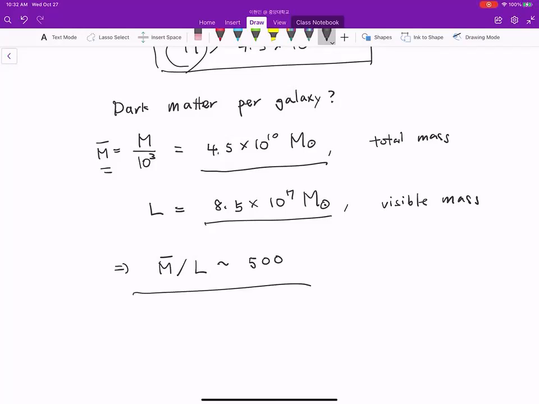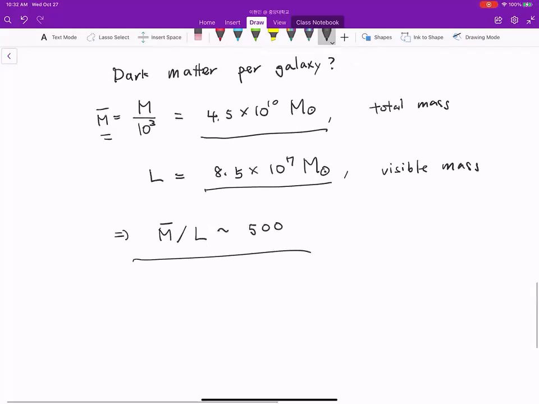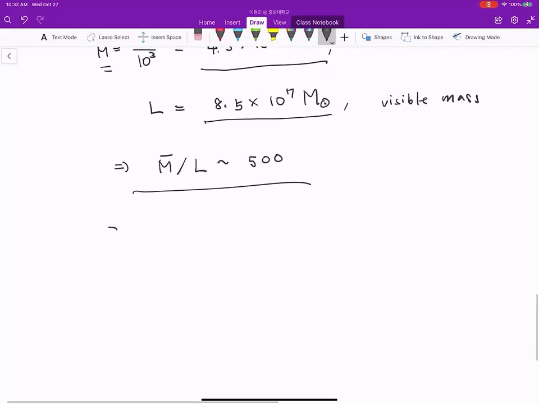But the thing is that things changed. At the time, Hubble found that the universe is expanding, right? Expanding.